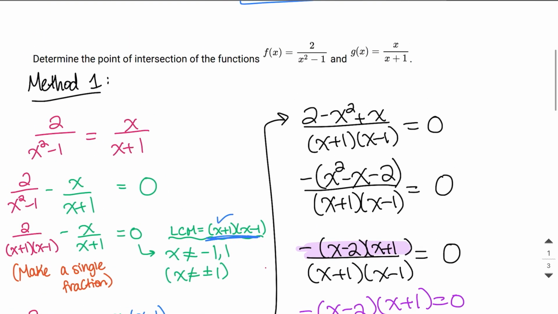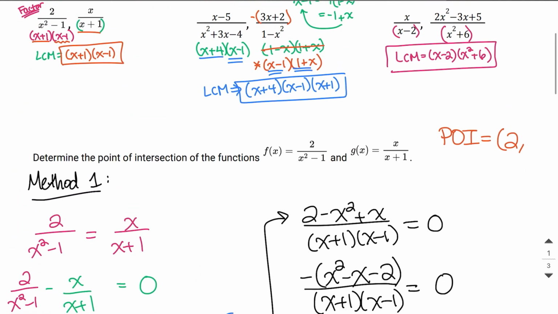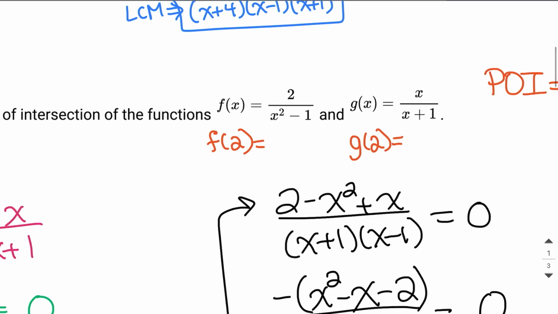I'm almost done, but the question says to find the point of intersection. So I need to find the point of intersection of where these two graphs would intersect with each other. Well, I know the x value is going to be 2 because that's what we figured out right here. But to find the corresponding y value, I either have to do f of 2 or g of 2. I'm going to do both so you can see how you get the same answer.